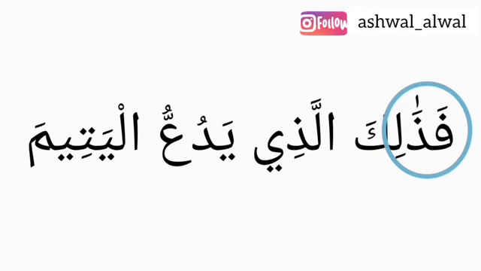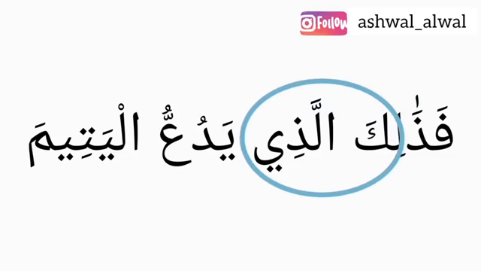Fadhali. On top of the there is something like an alif on top, just a small stroke alif. It is a mud. It is what makes us elongate it, and that is why we say fadhali and not fadhali. Fadhali. Kalladhi.